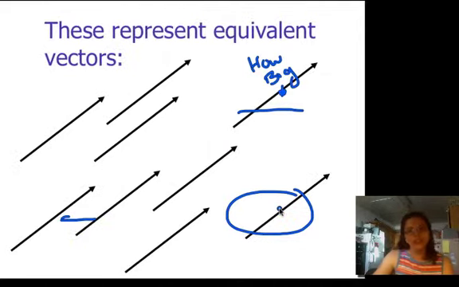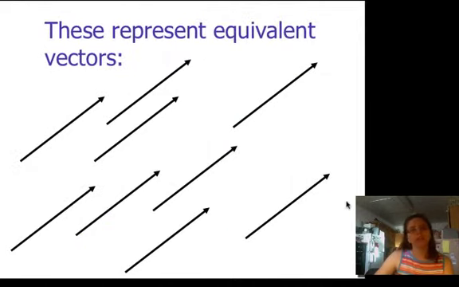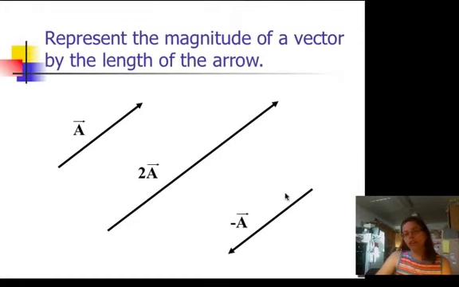So, oops, let me erase my pen marks. There we go. Okay, so all of these represent equivalent vectors. They all have the same length, and they all are pointing in the same direction, but vectors you can move around in space. Okay. So if we have vector A here, to get vector 2A, we just double the length.